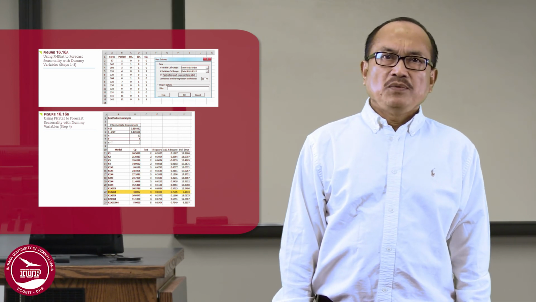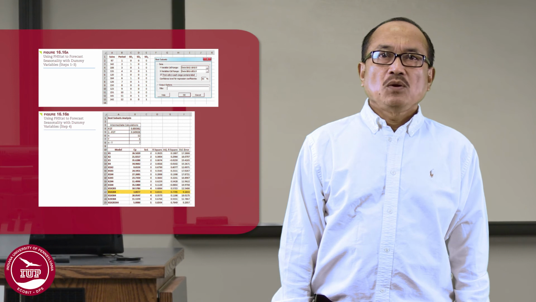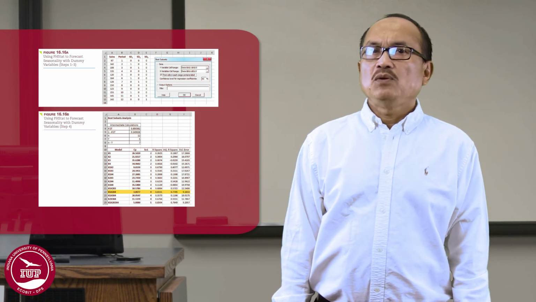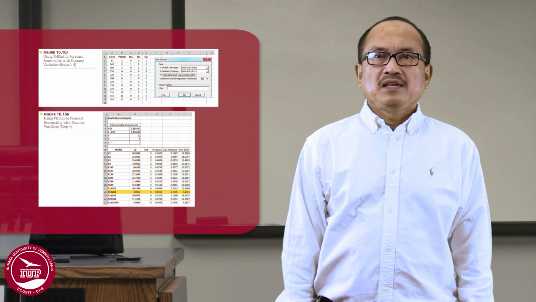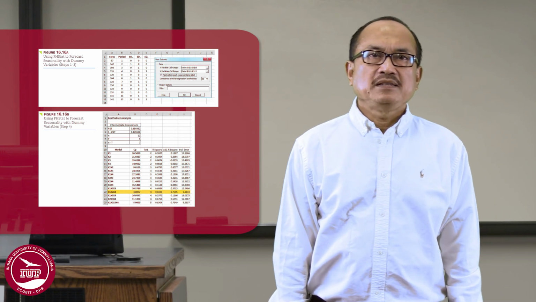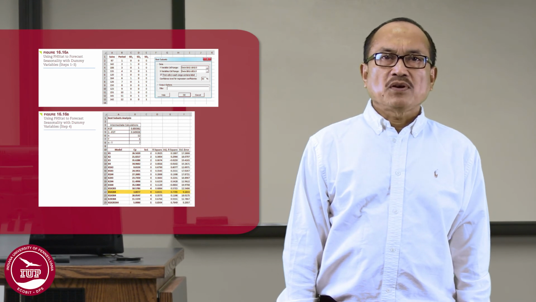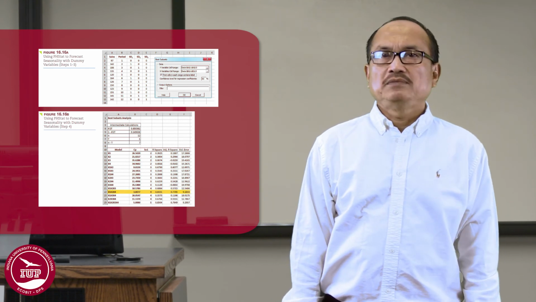Ideally, we are looking for the subset with the highest adjusted R-square and lower standard error. The model that meets this criterion, X1, X2, X4, is highlighted in yellow.